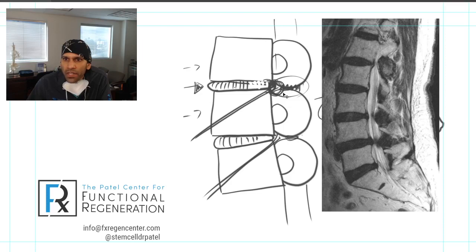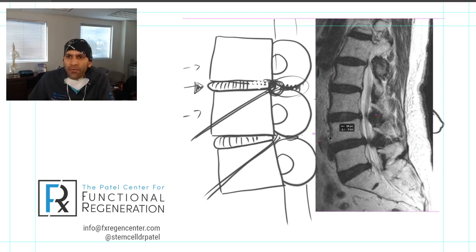Here are the facet joints, and really bordering that is this ligament that connects these coffee mugs together. So what is ligament? Ligament is the soft tissue that connects bone to bone. And you know those thick rubber bands that surround broccoli in the grocery store? That's what ligaments are like. They're strong, they're supportive, but there's some stretch to them.